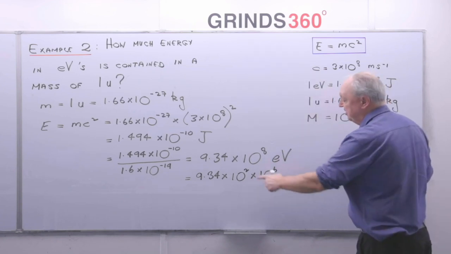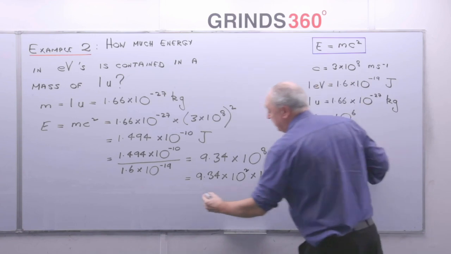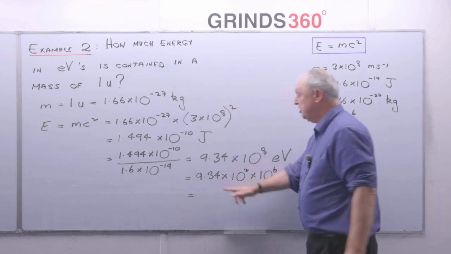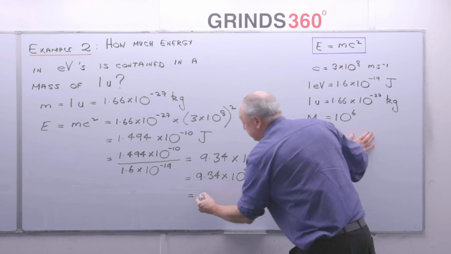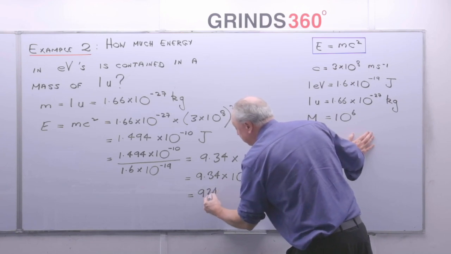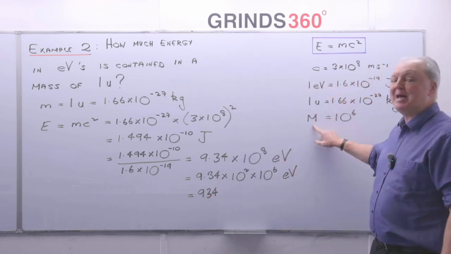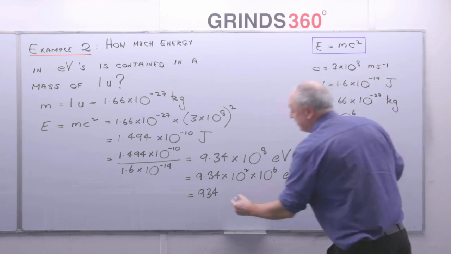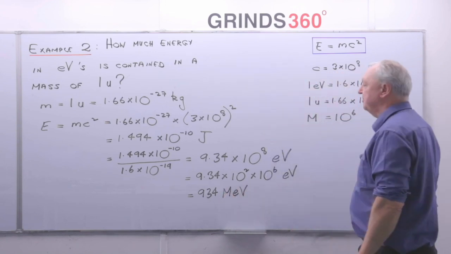That's okay, isn't it? Because when you add the powers, you get 10 to the power of 8. 10 squared is 100. So I'm going to multiply 9.34 by 100 to get 934. And you see that 10 to the power 6? I'm going to replace that by a mega. So that's going to become mega electron volts.